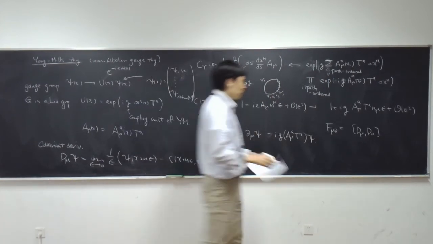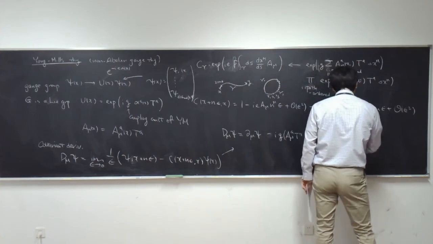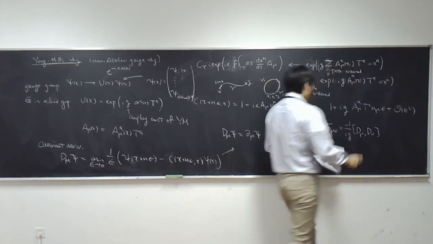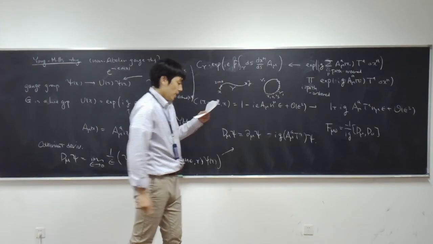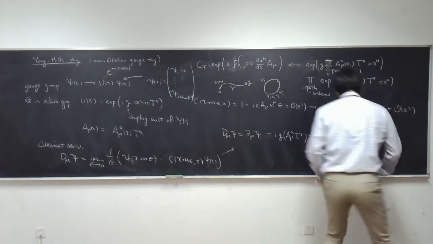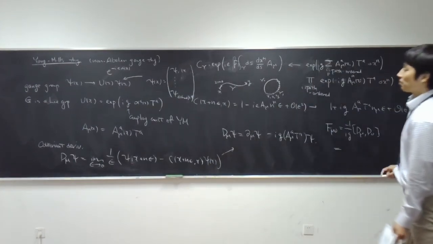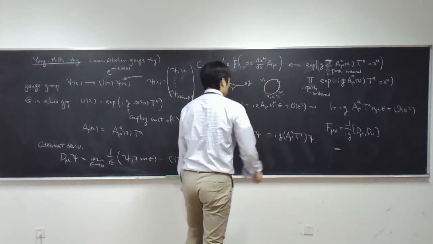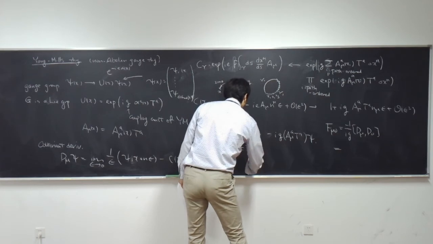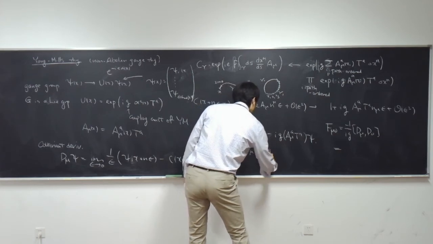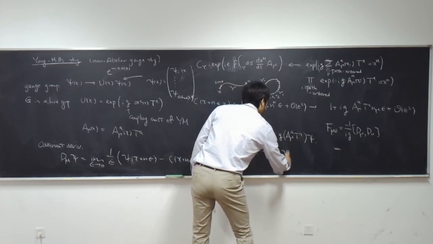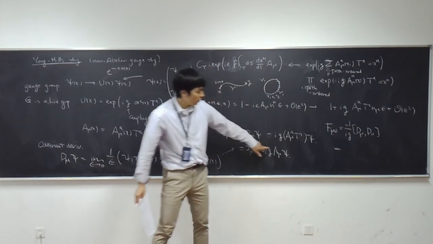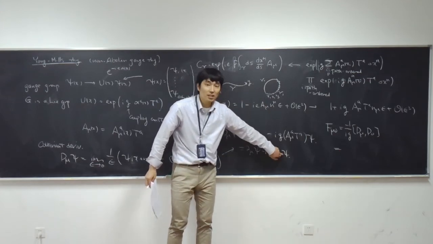In this case, you have to take minus 1 over i g in front. Then what you will get is, of course, people just write down the derivative of A nu minus i g A mu A nu. But now here, A mu is matrix valued and psi is vector valued.